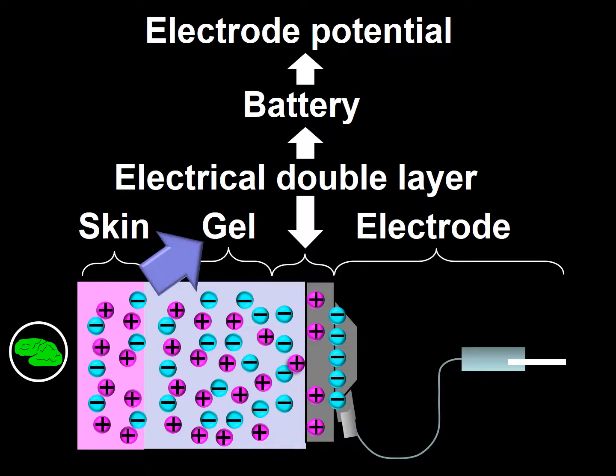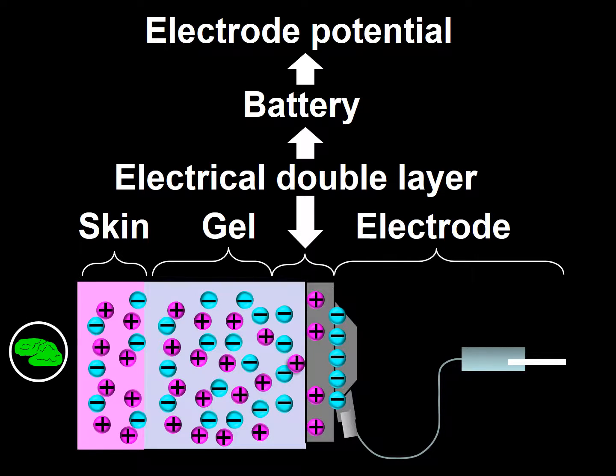Then the skin, the gel, and the electrode are represented. The positive and negative circles indicate positive and negative charges in the skin, the gel, and the electrode.